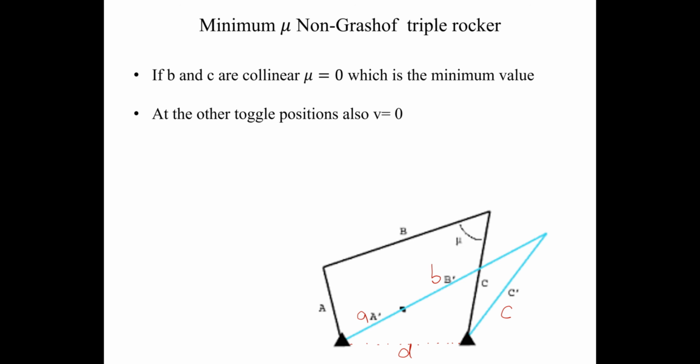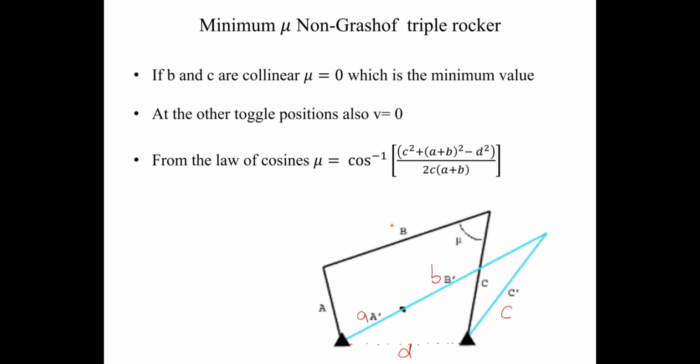Okay, and the second minimum will be the one where we are looking for nu as 0. At nu at 0, we have this position, which is in cyan color. For this one, if we apply the law of cosines, this 2 times c and a plus b is the product of the other two lines, the included lines of the angle.